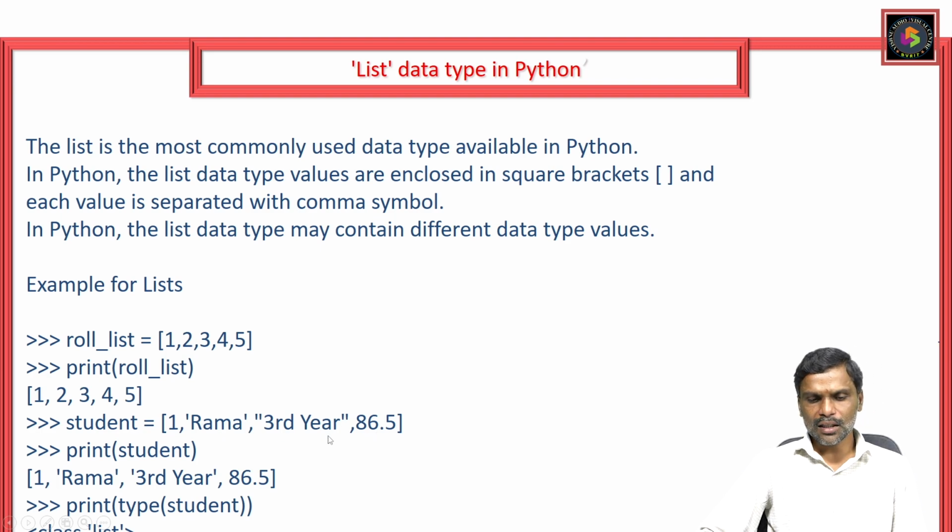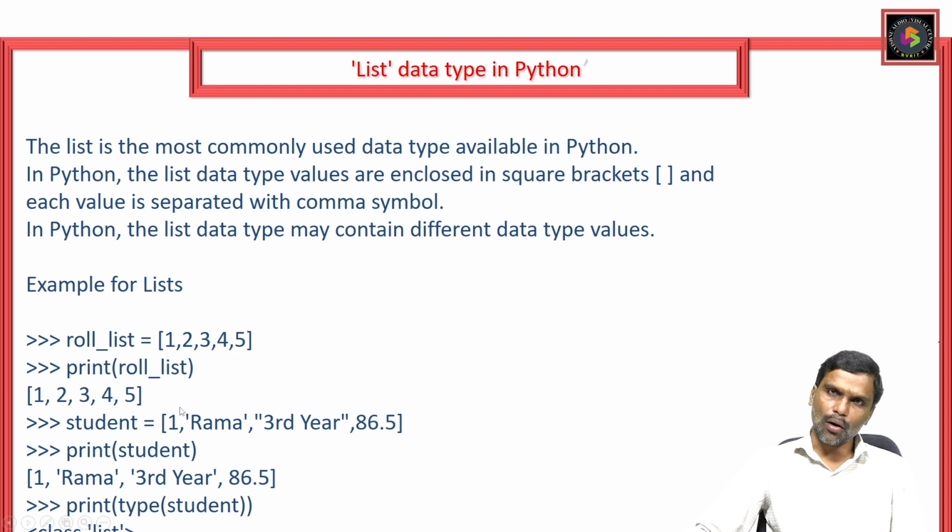Otherwise, if it is not a list, it doesn't print it, because it cannot understand this. Otherwise, without the square brackets, if we give some representation in double quotes or single quotes, then the Python programming can understand that representation as a string.